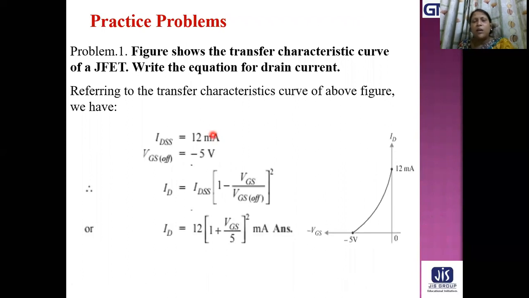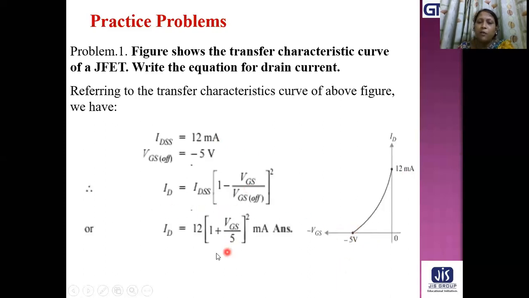So here we can do some practical problems. Go through problem 1 first. The figure shows the transfer characteristic curve of a JFET. Write the equation for drain current. Here we can see IDSS is 12 milliampere, VGS(off) is minus 5 volt.